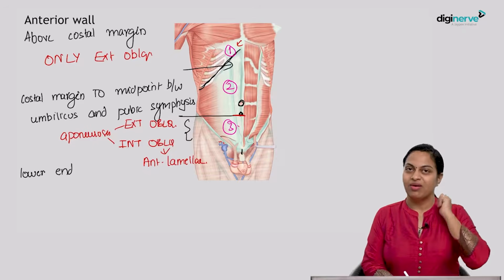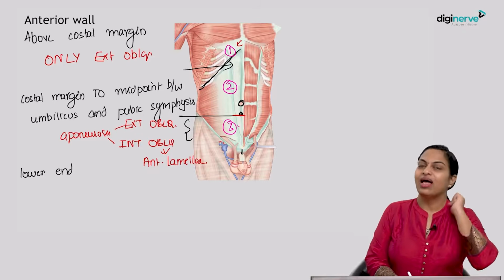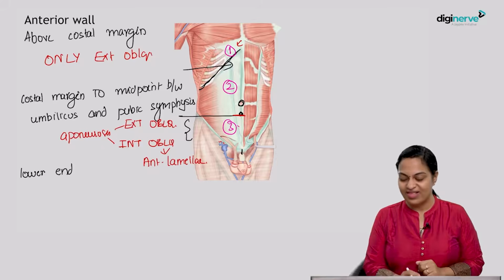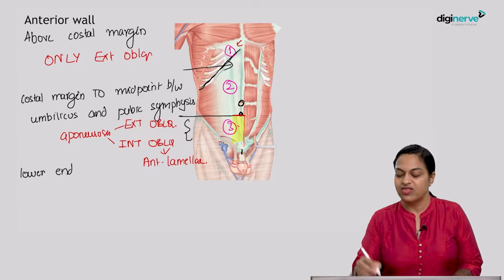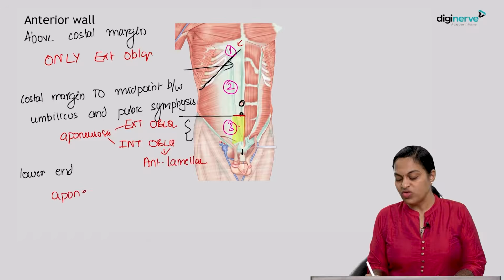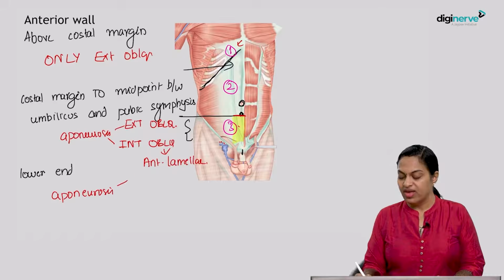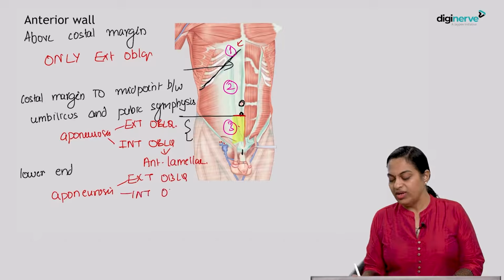Okay, so please remember, it's both the external oblique aponeurosis and the anterior lamella of internal oblique aponeurosis. The lower part, this area, right, the anterior wall is the thickest because it is going to be contributed by the aponeurosis of all the three flat muscles: external oblique, internal oblique, and the transversus abdominis muscle.